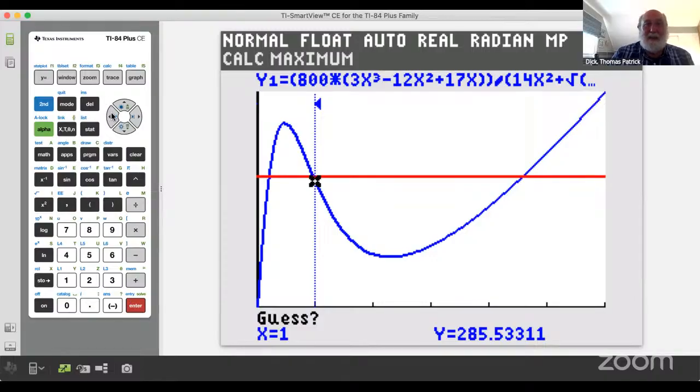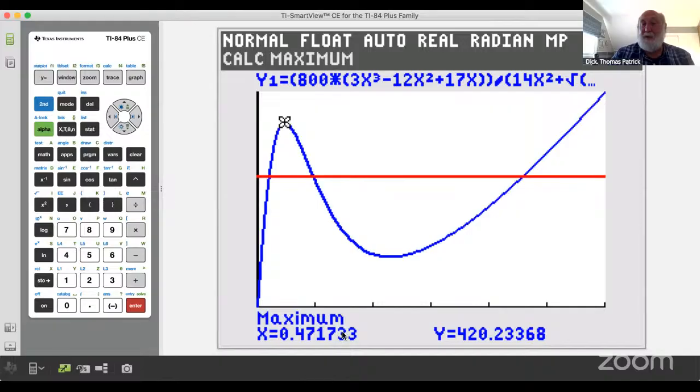And then for the guess, I'll just eyeball approximately halfway through there. And there's the maximum at that X value of 0.471733.